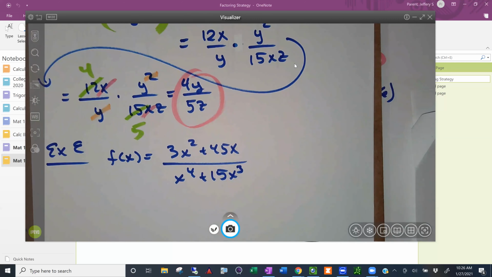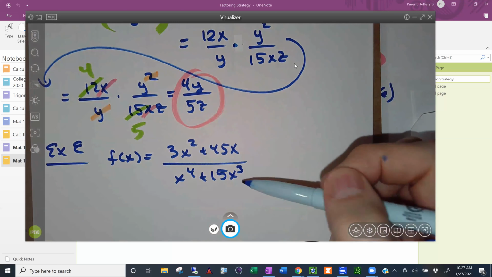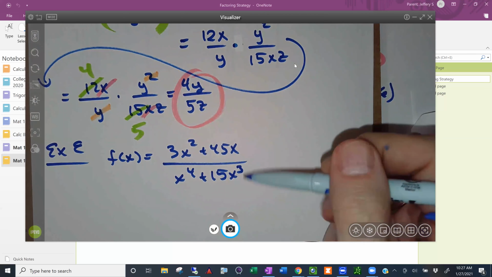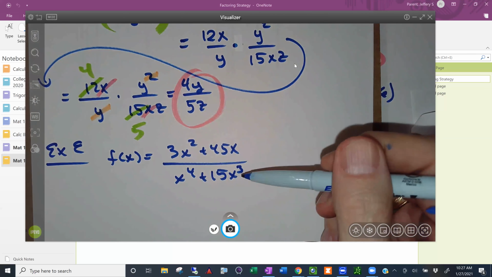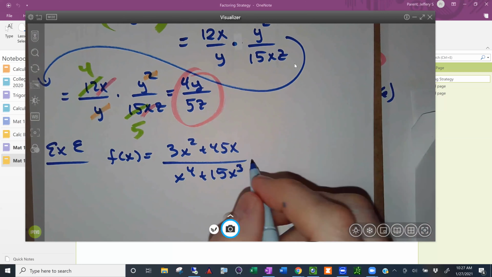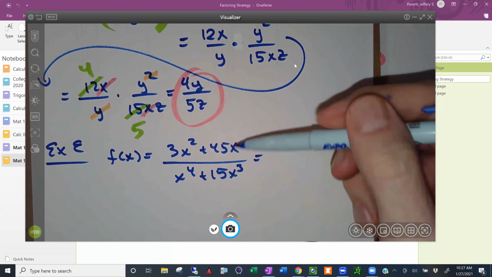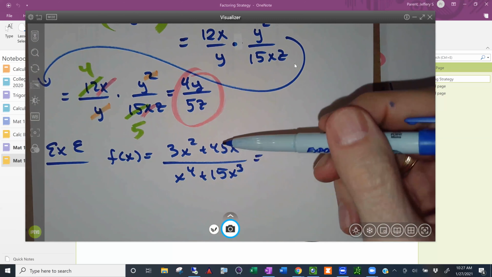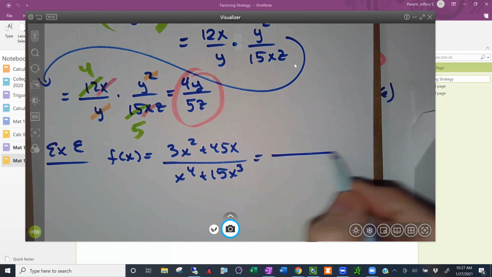And it's going to ask you to do two things. First, it's going to ask you what's the domain, and second, it's going to ask you to simplify this. So let's work with the simplification first. To simplify a function like this, you're going to factor it.